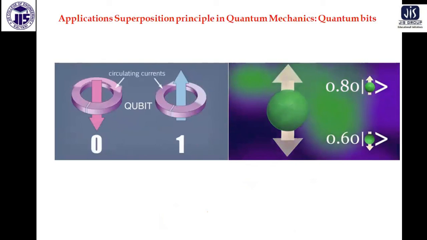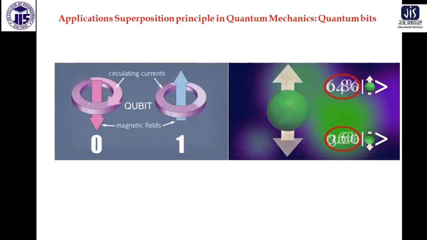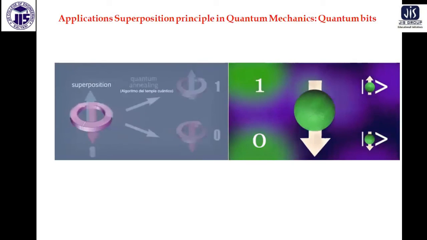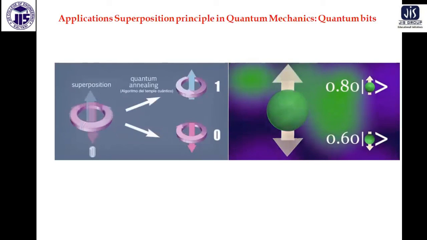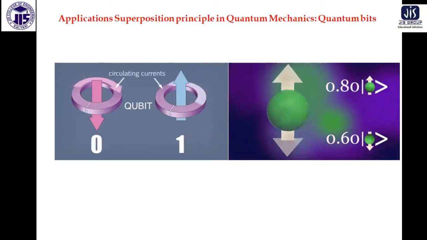If the current flows clockwise, say the magnetic field direction is downward, and if the current flows anti-clockwise, the magnetic field direction is upward. Upward may be one state, downward may be the zero state. Quantum mechanically, in between they are superposed; zero is one quantum mechanical state, one is another.